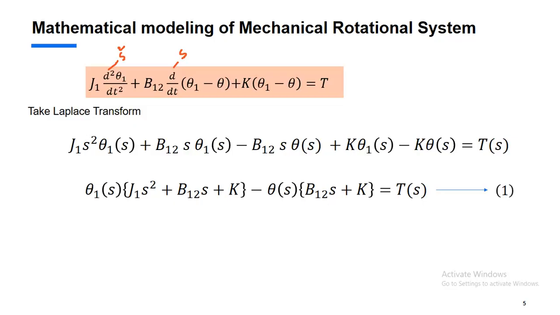When we take the Laplace transform of t, it is T of s. In these terms, theta 1 is common, so we are taking theta 1 outside, and we are taking theta of s outside. So this is your equation number 1.